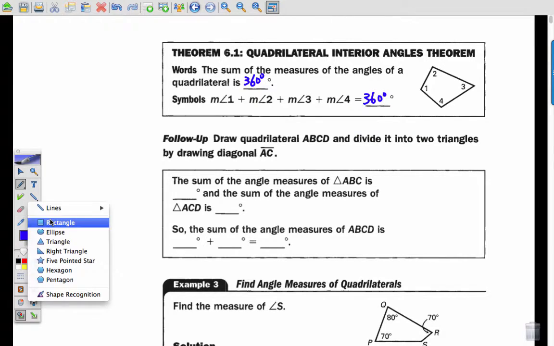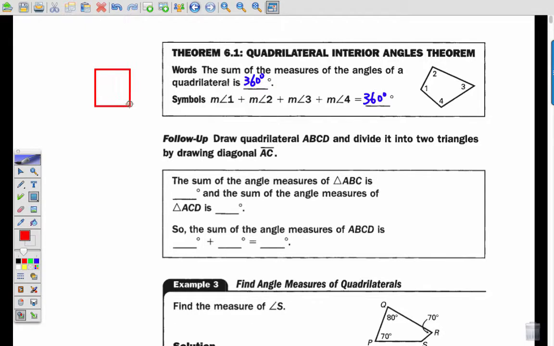The easiest thing to think about this is probably to think about a rectangle or a square. And that's a special case, obviously. But in this case, I have 4 right angles. I have a special quadrilateral, and each angle is 90 degrees, and I have 4 of them. 4 times 90, I have 360. So even though this is an irregular shaped quadrilateral, the interior angles still add up to 360.